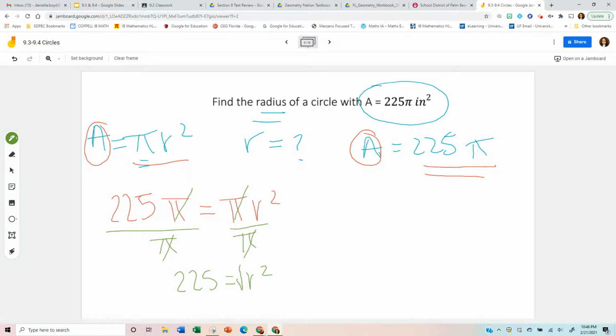So we're going to square root both sides to cancel that r squared. Hopefully you have this memorized, but in case you don't, the square root of 225 is 15, so that means that my radius is 15 inches, and I am all the way done. If I'm not sure, I can plug in 15 for radius into this formula and see if it comes out to 225 pi.